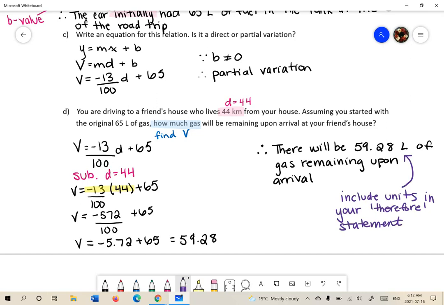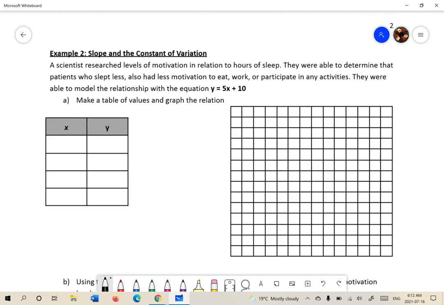A scientist researched levels of motivation in relation to hours of sleep. They were able to determine that patients who slept less also had less motivation to eat, work, or participate in any activities. They were able to model the relationship with the equation y is equal to 5x plus 10.